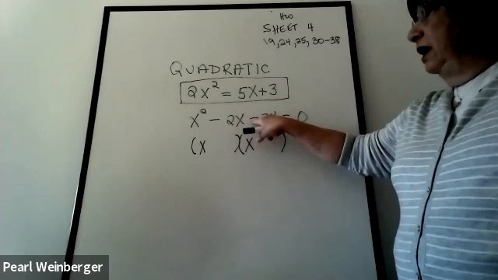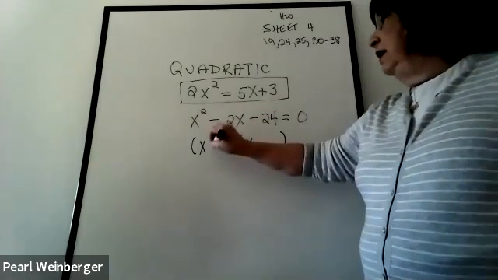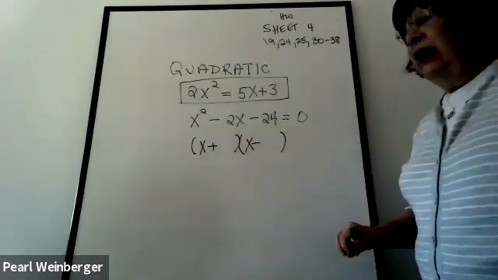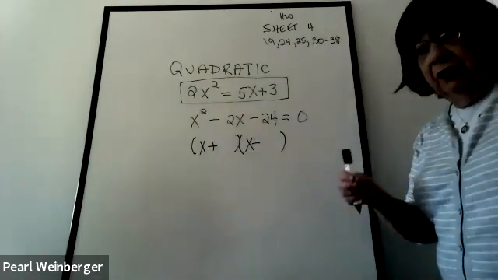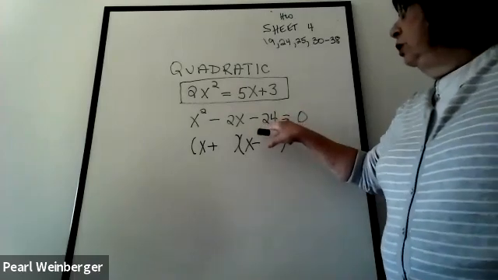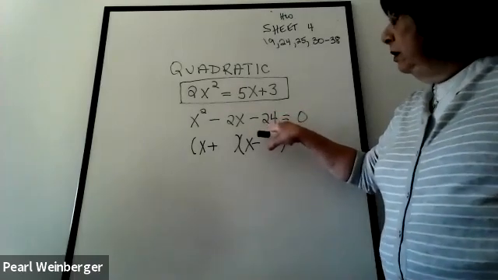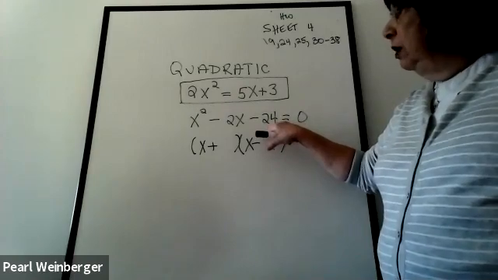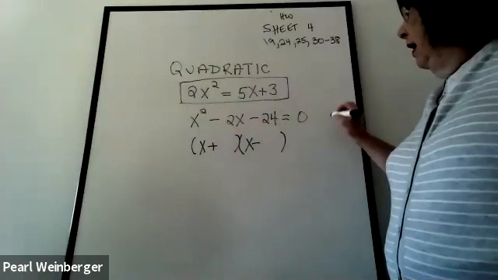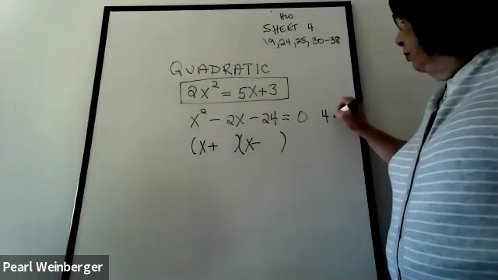The last term is negative, which means one is positive and one is negative. In order to have a product that's negative, you have to multiply a positive number and a negative number. So we're looking for two numbers that multiply to 24, but when we subtract them, give me 2. And I think those numbers are going to be the 4 and the 6.